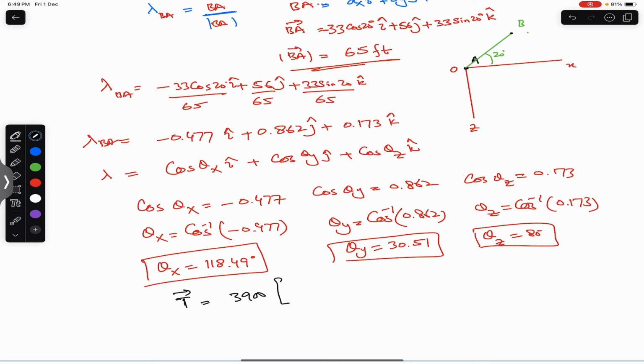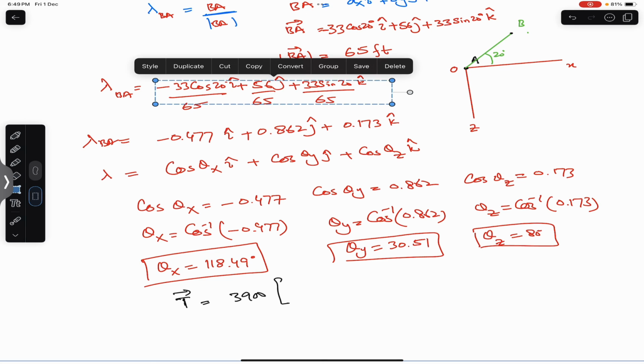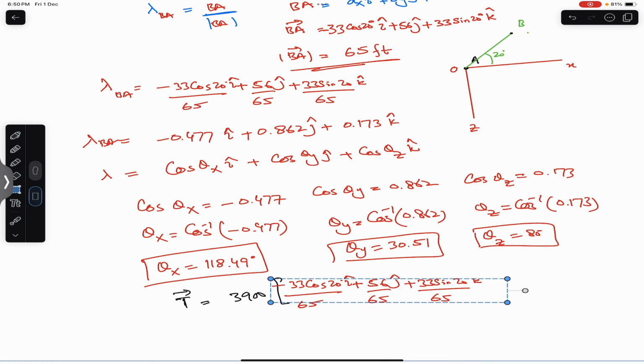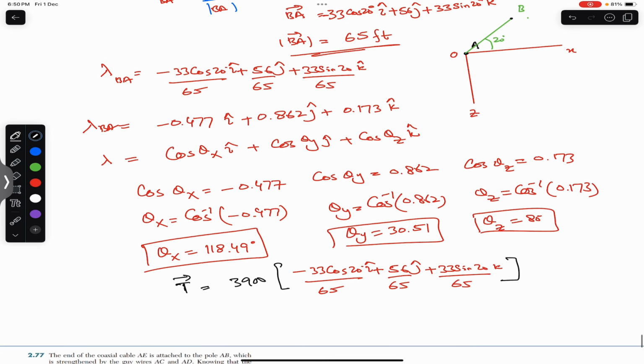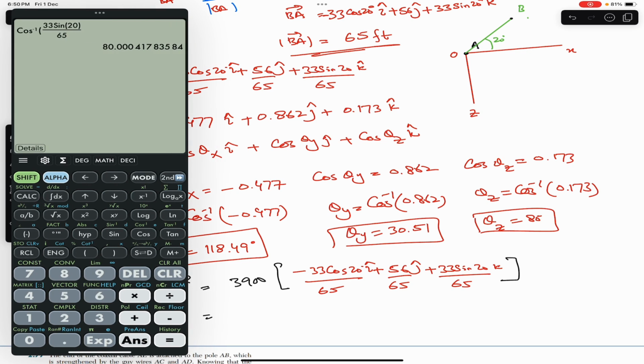Let me copy this. So this is our unit vector. So now the x component will be 3900 multiplied by minus 33 cos of 20 divided by 65.